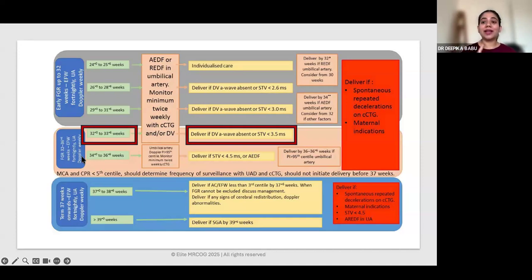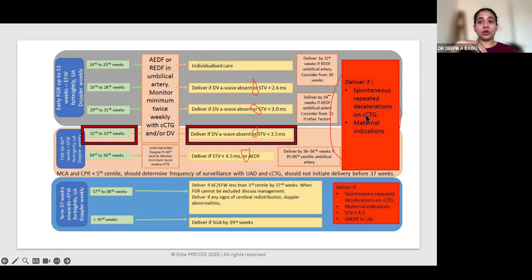Irrespective of this gray zone, any one being abnormal is enough for us to go and deliver the baby. Remember this. We are giving so much importance to your short-term variation there. Anytime on the computerized CTG you see repeated unprovoked decelerations, that is enough for you to go and deliver the baby irrespective of the gestational age.